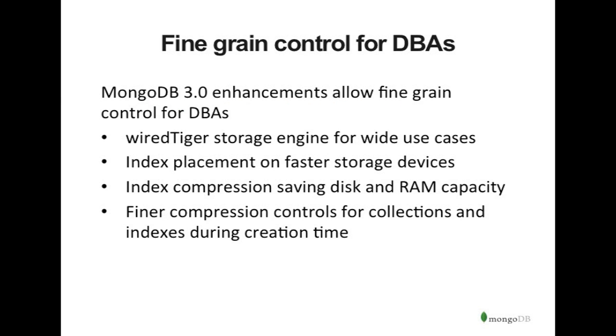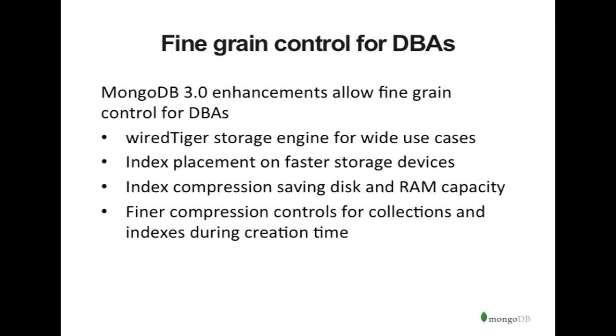So with these changes in 3.0, MongoDB offers fine-grained control for DBAs. By having the WiredTiger storage engine, you have wide use cases to support, specifically more write throughput use cases. And like we saw in the example, you can place indexes on faster storage devices depending on your application use cases.